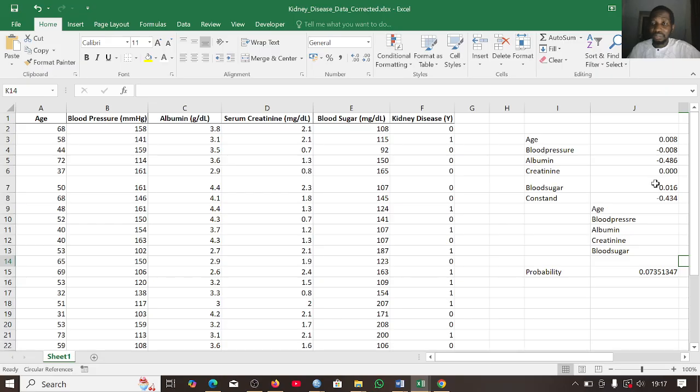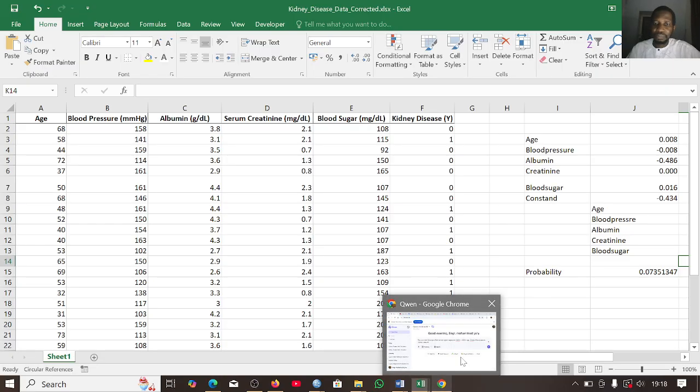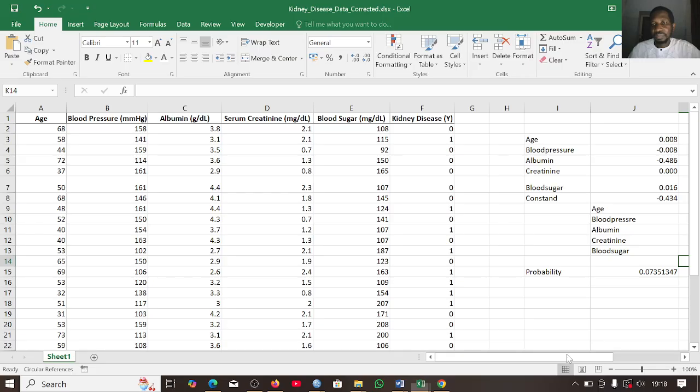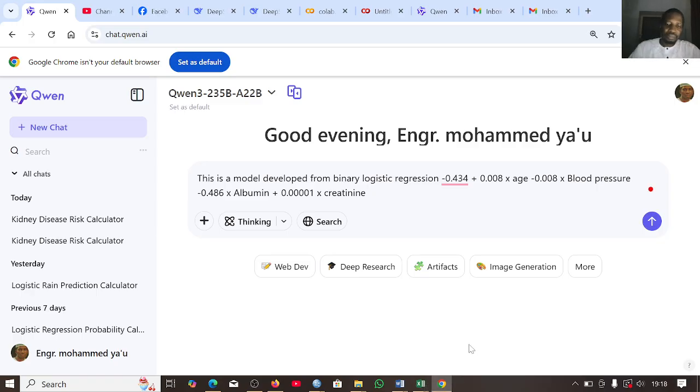Let me just use plus 0.01 multiplied by creatinine. Is it creatinine? And the last one is plus 0.016 times the blood sugar.